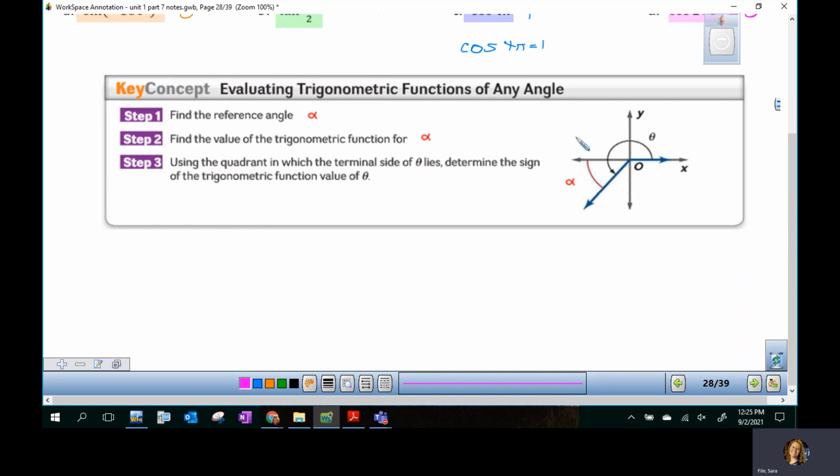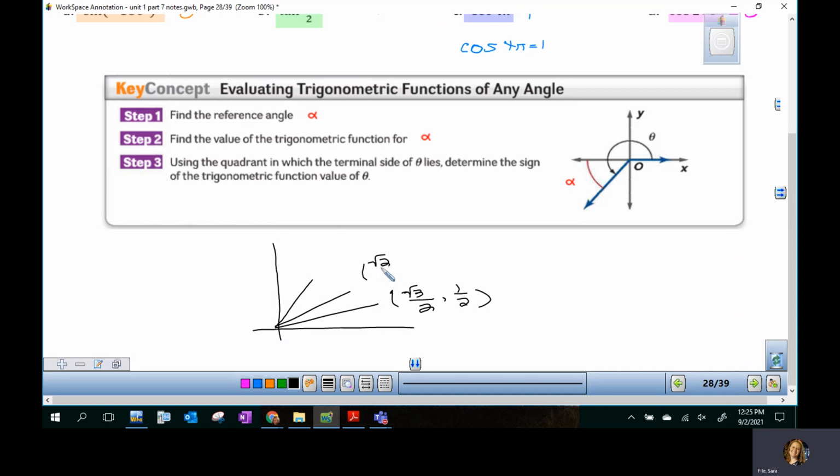Okay, so as long as you know quadrant 1, just a quick recap, if you know 30, 45, and 60, remember that's root 3 over 2, 1/2, root 2 over 2, root 2 over 2, and then 1/2, root 3 over 2.